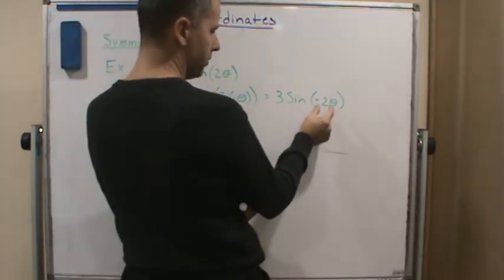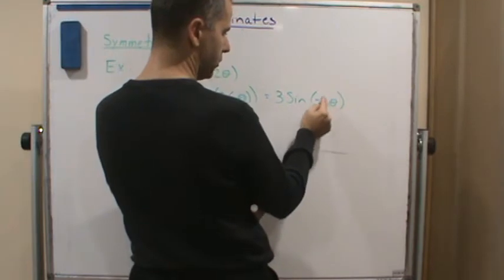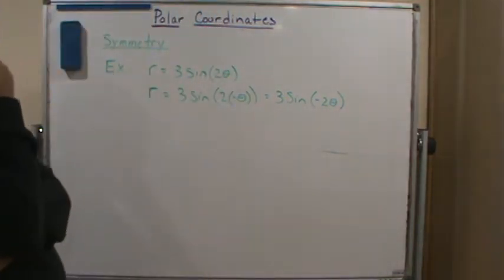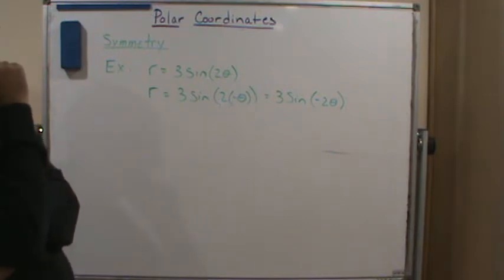At pi over 2, sine is going to be 1. What about negative pi over 2? Well, it's going to be negative 1.